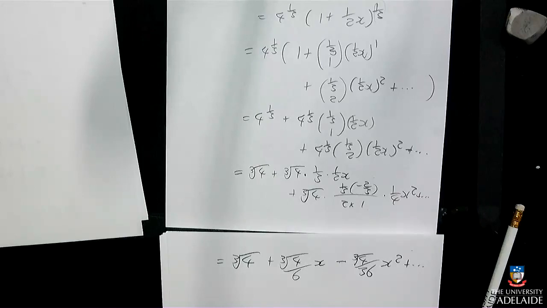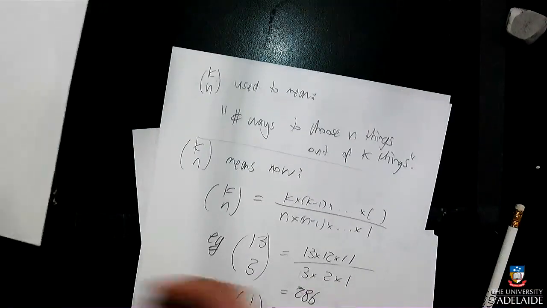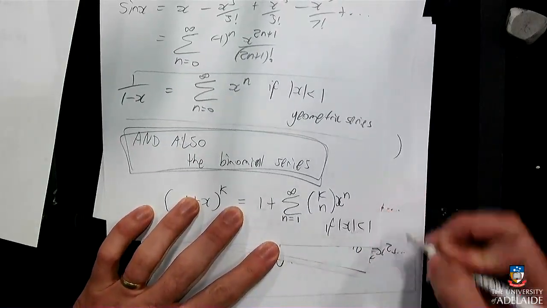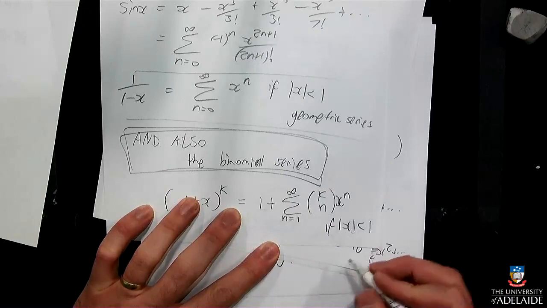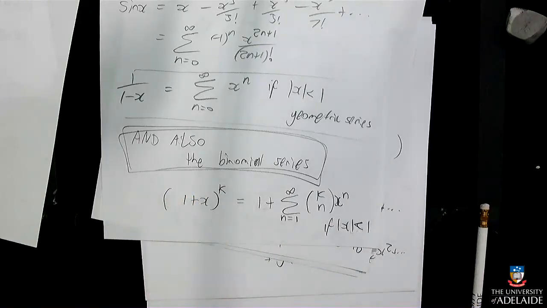Yep. So the binomial series is divergent. Yes, actually, that's very important. It only applies if the size of x is less than 1. And if it's not, then it's not equal to that because it's divergent. So it will be convergent if the absolute value of x is less than 1.